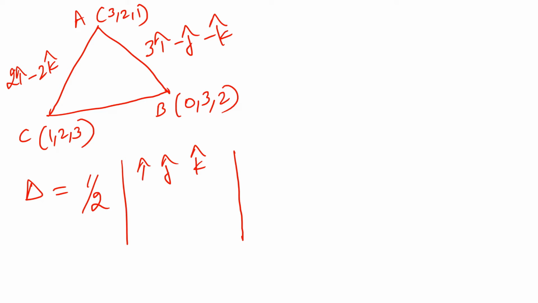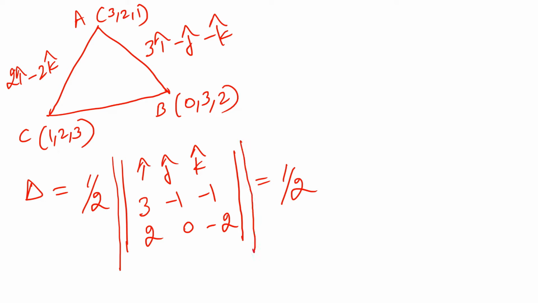So now here it is 3, AB is 3 minus 1, then minus 1, and in the last row we are going to have 2, 0 minus 2, right? So now this becomes half, and I'm just putting modulus over here because the cross product will give us the vector, then we have to find its magnitude.